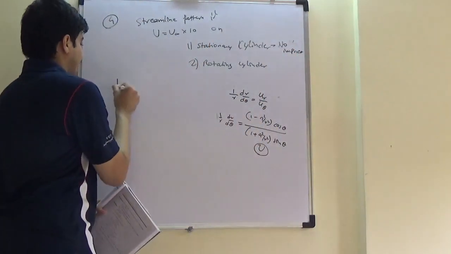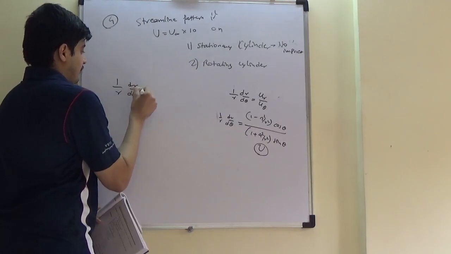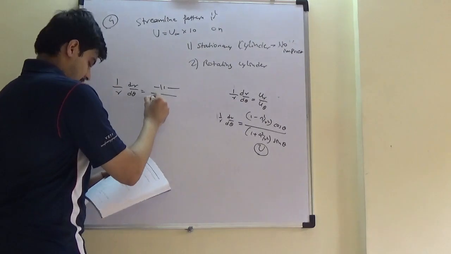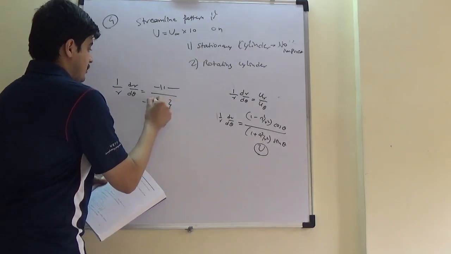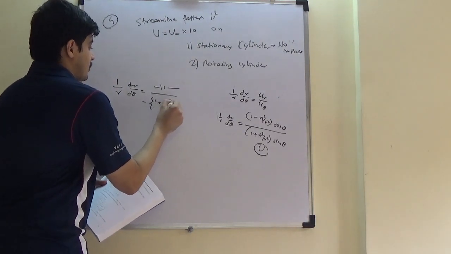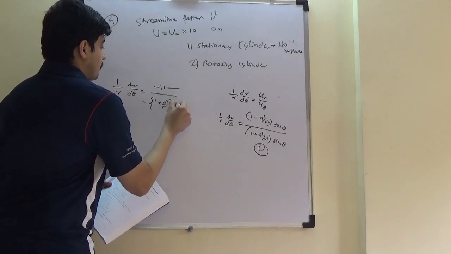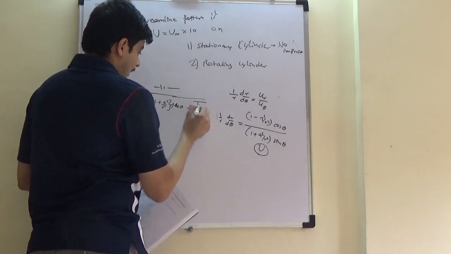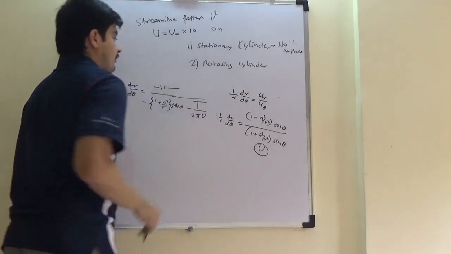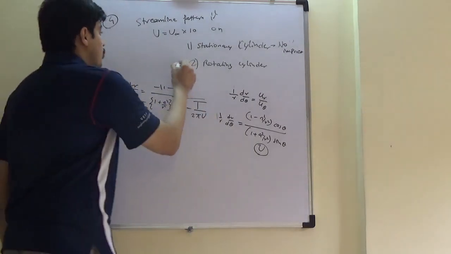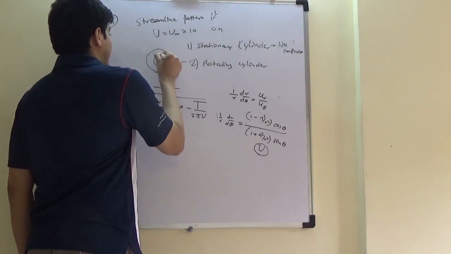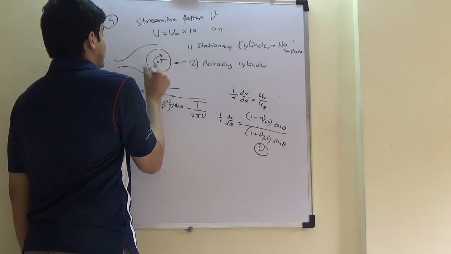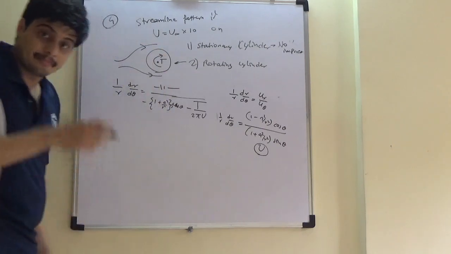Rotating cylinder. Here, this ur remains the same. U theta has this 1 plus a square by r square sine theta component plus an impact of circulation, because a rotating cylinder is characterized by a circulation at the center with free stream.